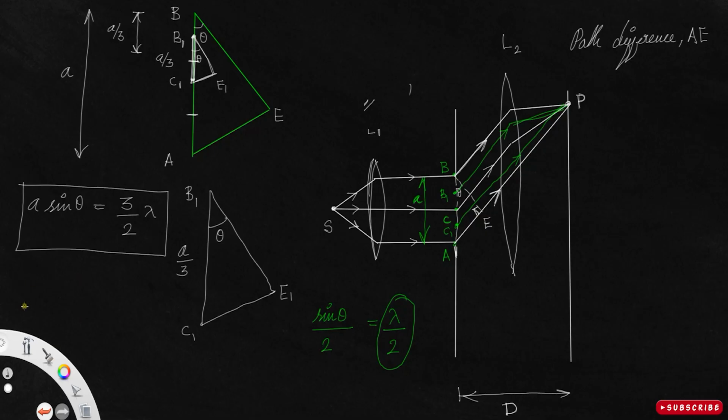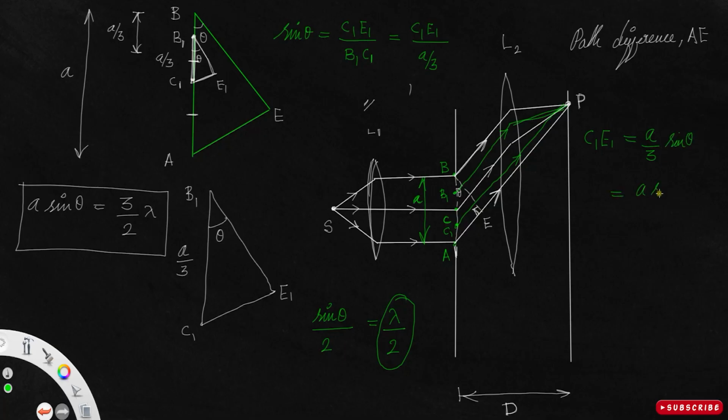And we know sin theta is equal to C1 E1 divided by this length B1 C1. So this is equal to C1 E1 divided by A by 3. When you take this to the left, you get C1 E1 is equal to A by 3 sin theta.